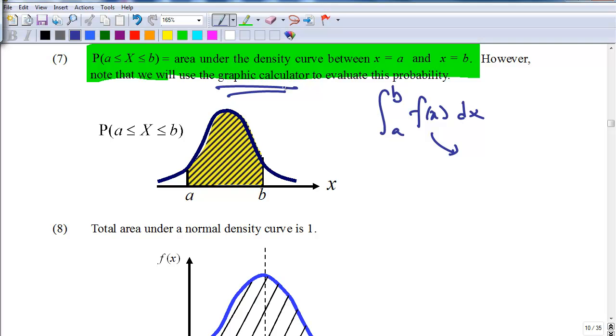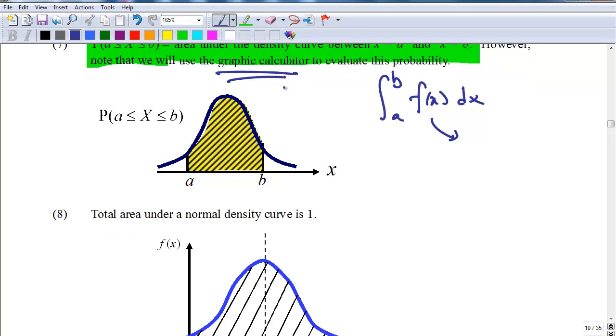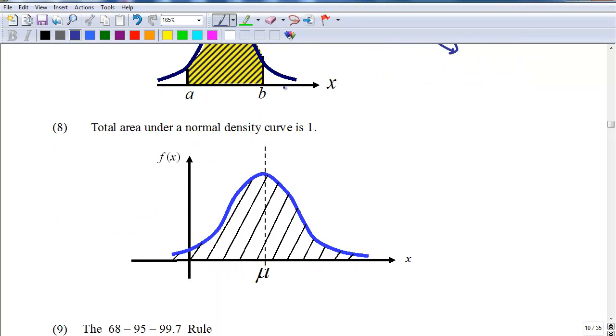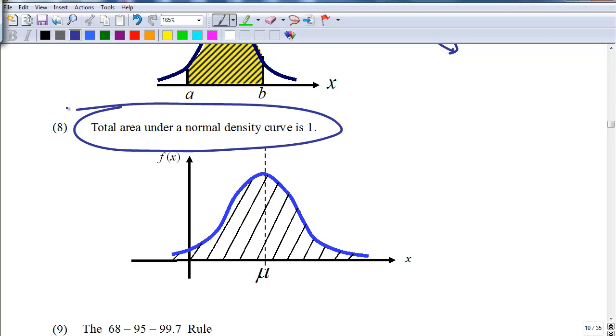Your GC can let you evaluate this probability very quickly. Another property to note: once you know that area on the graph is the probability, the total area must be 1.